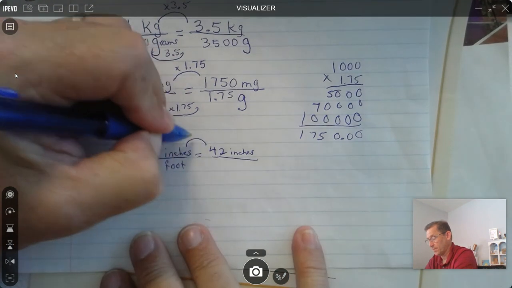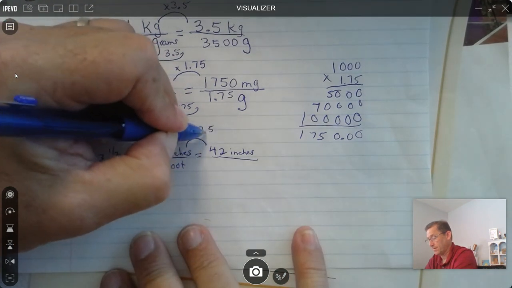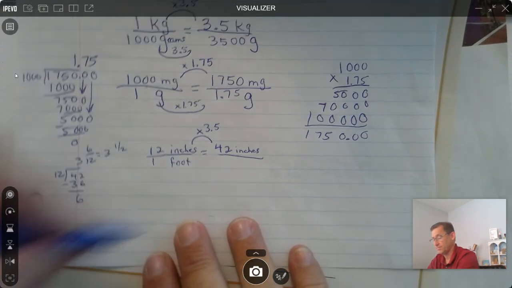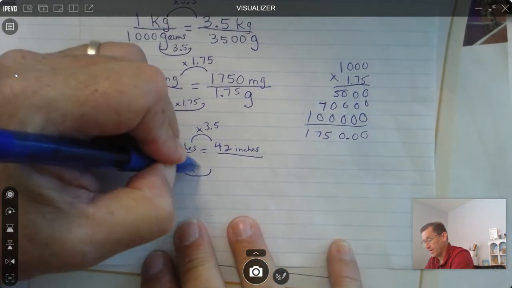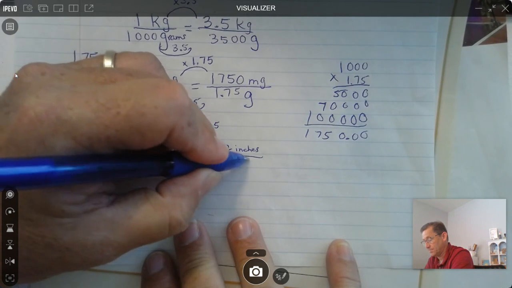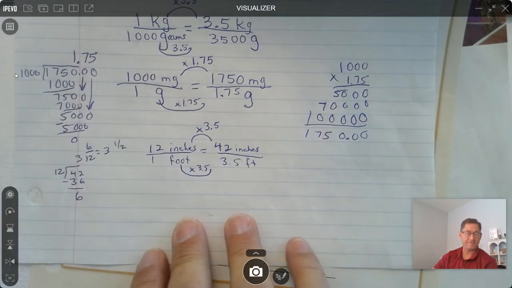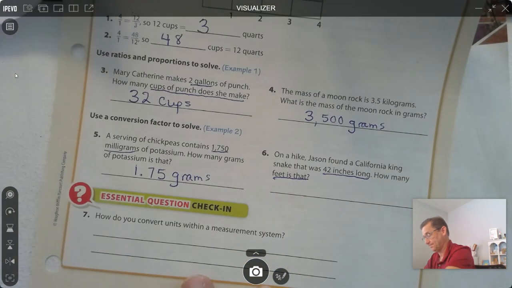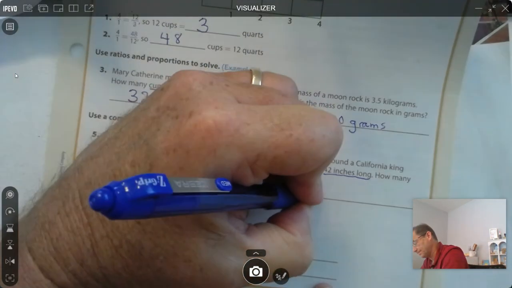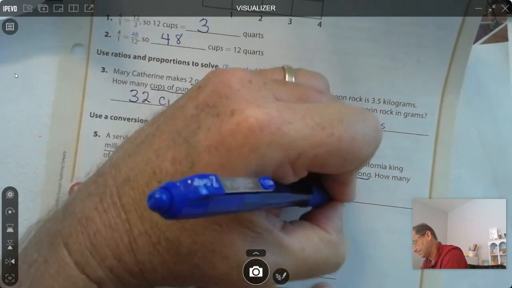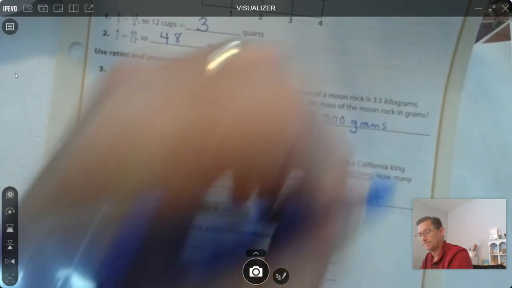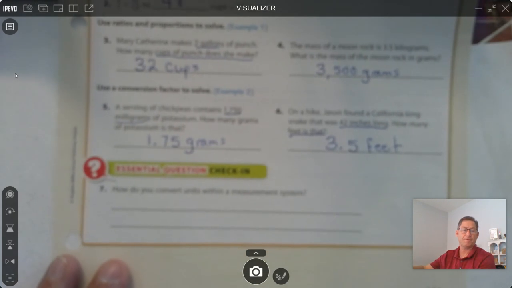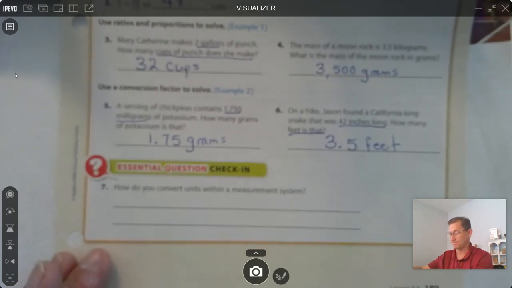So if I multiply 12 by 3.5, that's going to give me 42. So I'm going to multiply the feet by 3.5. So I get 3.5 feet. All right, and number 7.